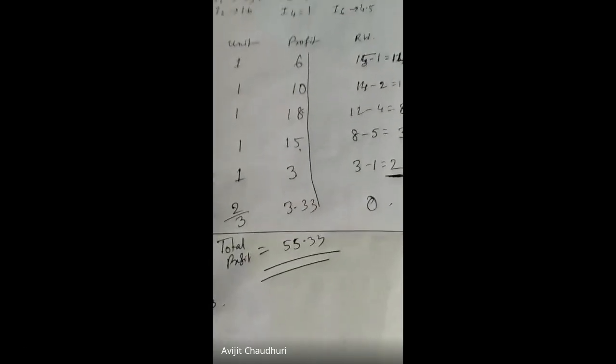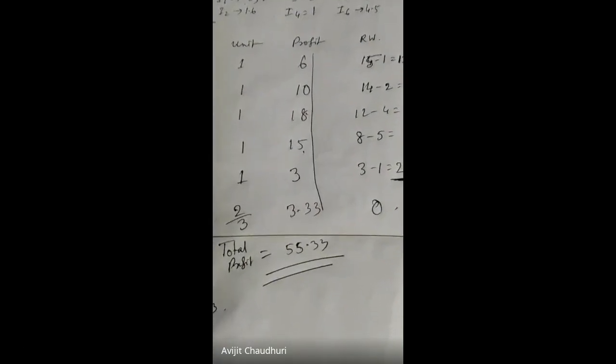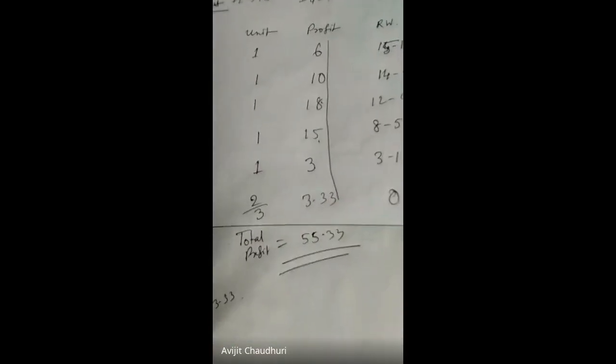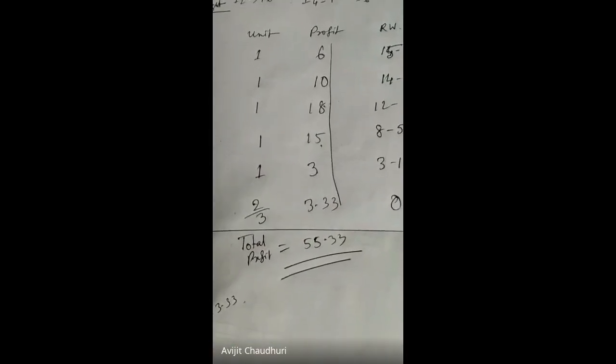Okay, so this is the best one. Just compare with the previous two. Previous ones were 54 and before that 47. So this is the optimal solution.